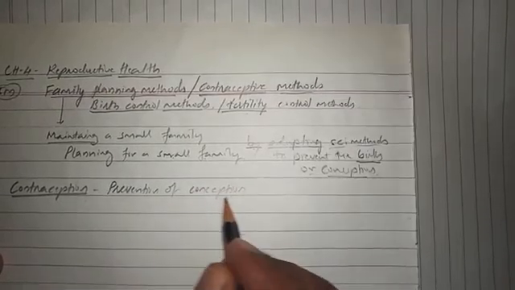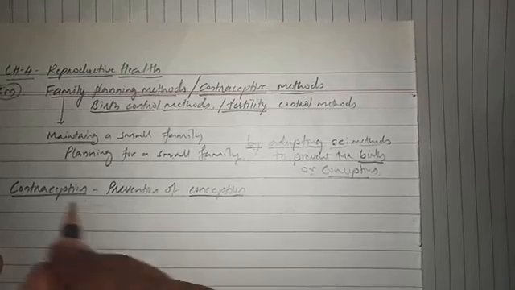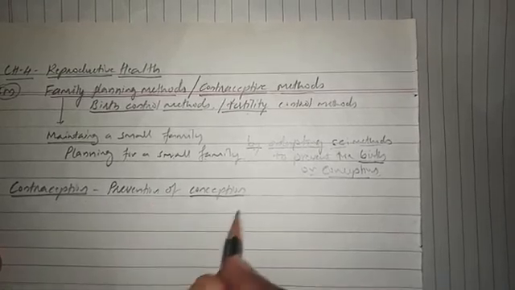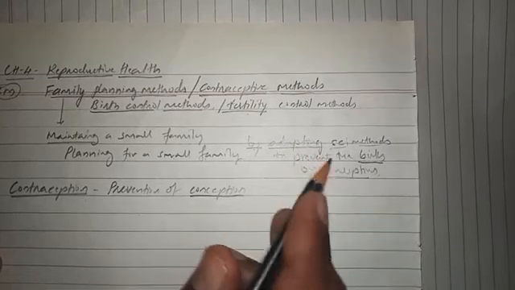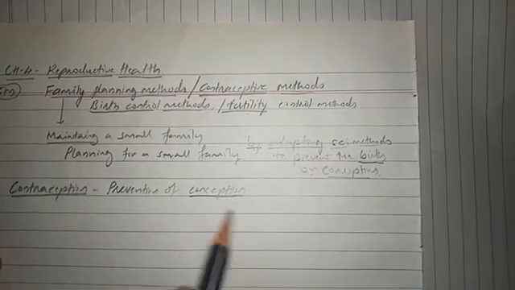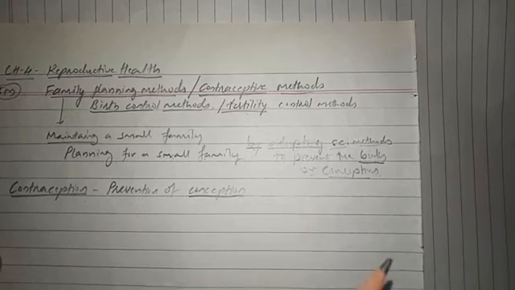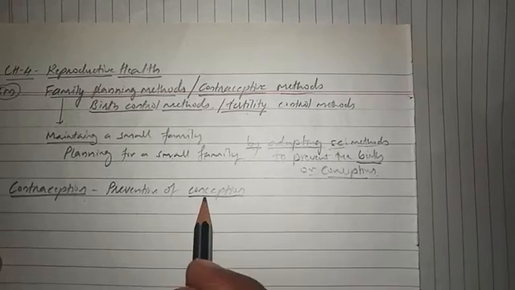Prevention of conception is called contraception. How to prevent it? By adopting scientific methods to stop the birth or prevent the conception. So what actually is conception?